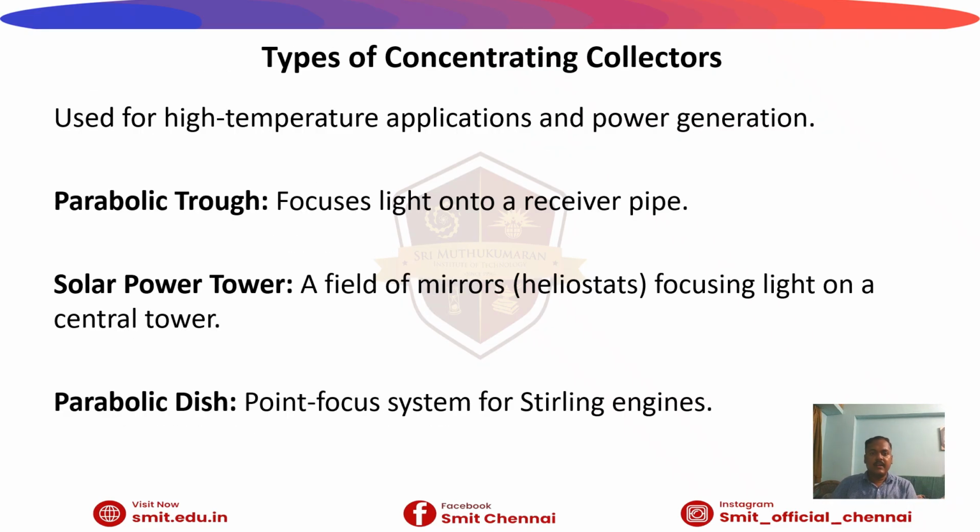And next we are going to see about types of concentrating collectors. They are used for high temperature applications, power generation: parabolic trough, solar power tower, and parabolic dish. Parabolic trough focuses light on a receiver pipe, and the solar power tower has a field of mirrors, called heliostats, focusing light on a central tower.